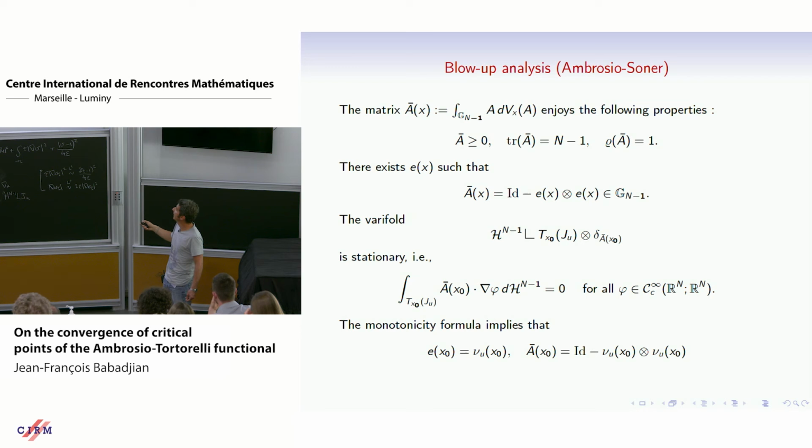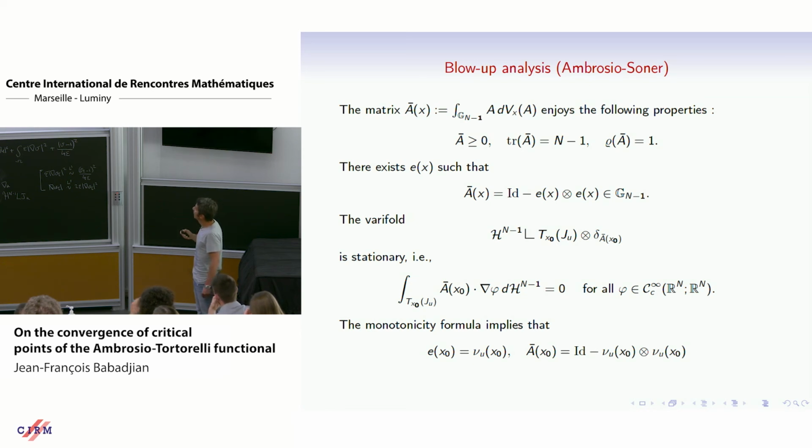So you can write it as the identity minus E tensor E, where E is a unit vector which depends on x. There is a further argument which lets you generalize this to any dimension, and so capital A of x is a projection matrix.